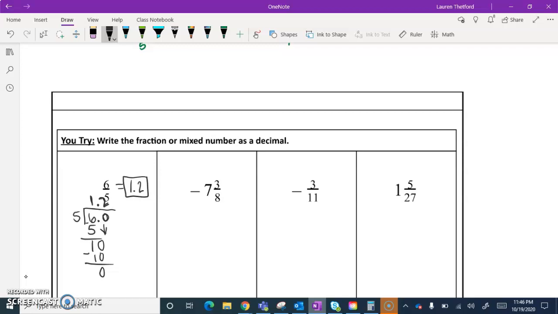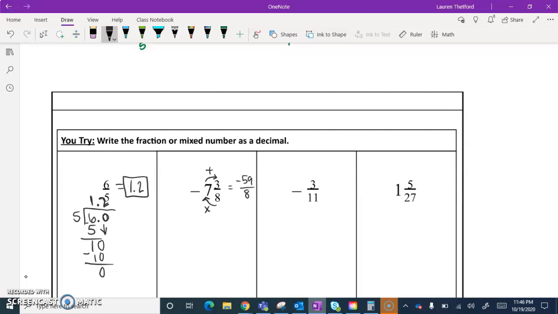So now we need to turn this one into a mixed number. So we multiply 8 times 7, and then we add 3. 8 times 7 is 56, plus 3 is 59. So this fraction is equal to negative 59 over 8.